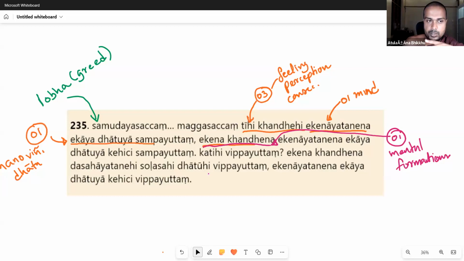Now we know the samudayasacca, the lobha, arises in the 8 lobha cittas. In the 8 lobha cittas there are 22 mental factors, right?